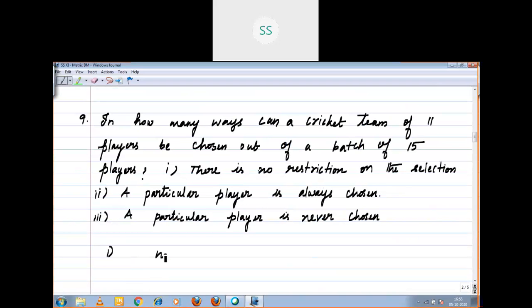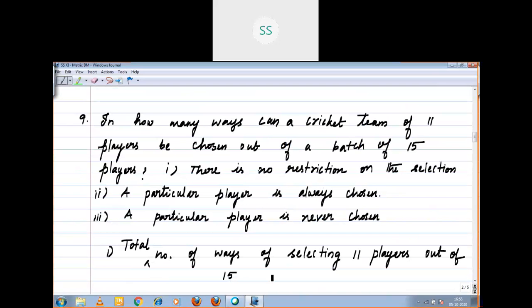Now you see, first subdivision, total number of ways of selecting 11 players out of 15 is 15C11. Got it, children?